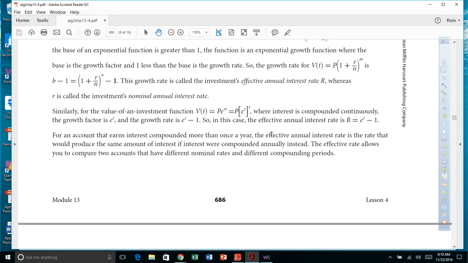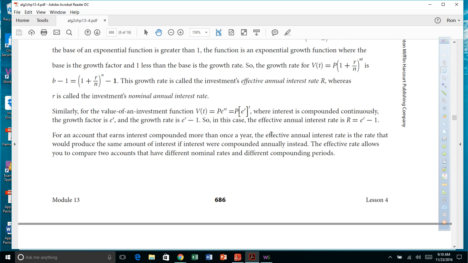Similarly, the value of an investment function V sub t equals P times e to the rt power, where interest is compounded continuously. The growth factor is e to the r, and the growth rate is e to the r minus 1.